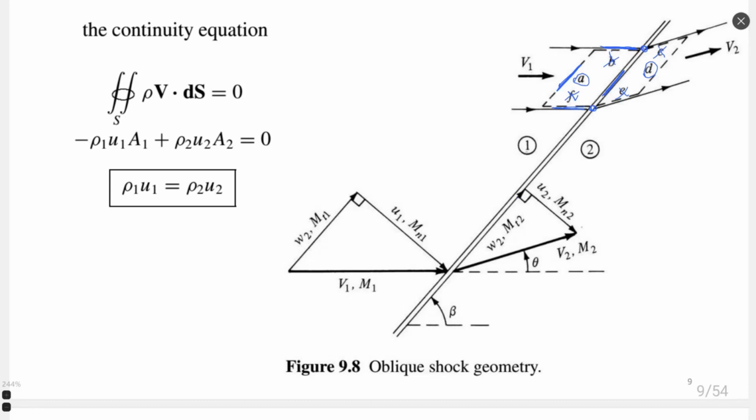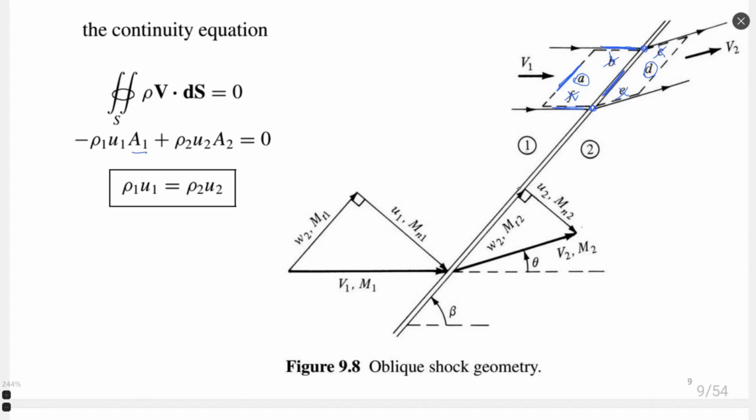If we define our control volume in such a way, then the continuity equation can have the same form as we had for the normal shock wave. If we take a look at it, we will see that the integral of mass consists only of two parts, through edge A and through edge D.